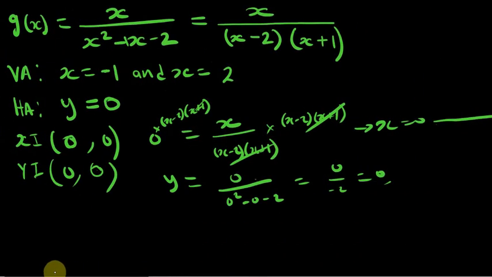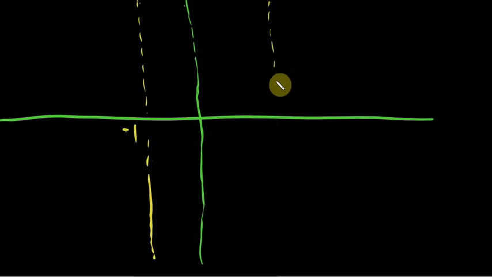Now we can plot our graph on the Cartesian coordinates. Our vertical asymptotes are at minus 1 and 2.